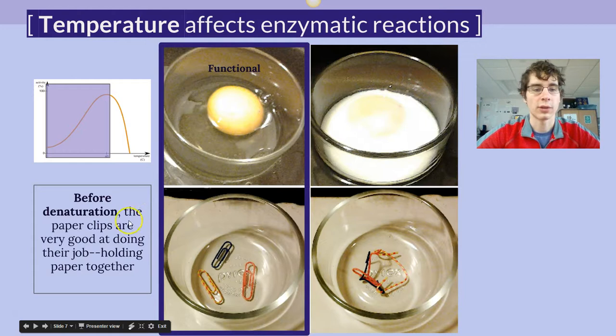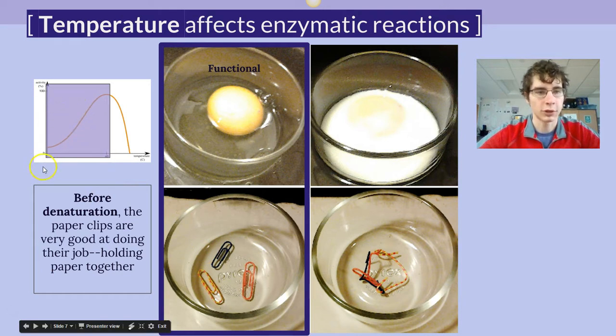Before denaturation, the paper clips are folded up and they are functional. They can still do a very good job holding paper together. All right, they maintain their paper clip shape. They can still clip paper together. Similar to this egg here, it has functional proteins in it that would serve to help this little chicken grow if that were to be fertilized.